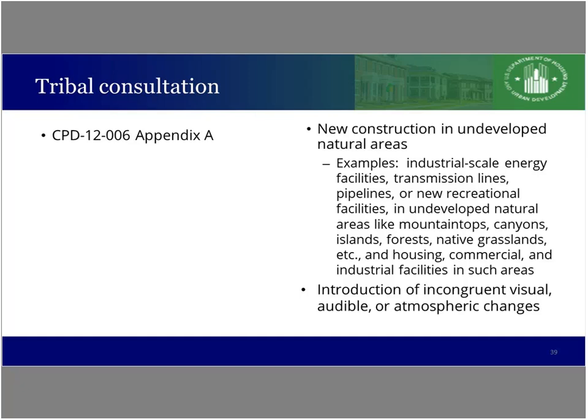If a project might introduce incongruent visual, audible, or atmospheric changes, that could also impact tribal resources of concern. So these are examples of types of activities that have the potential to impact resources of tribal, religious, and cultural significance, and ones that would require consultation in HUD-assisted projects.